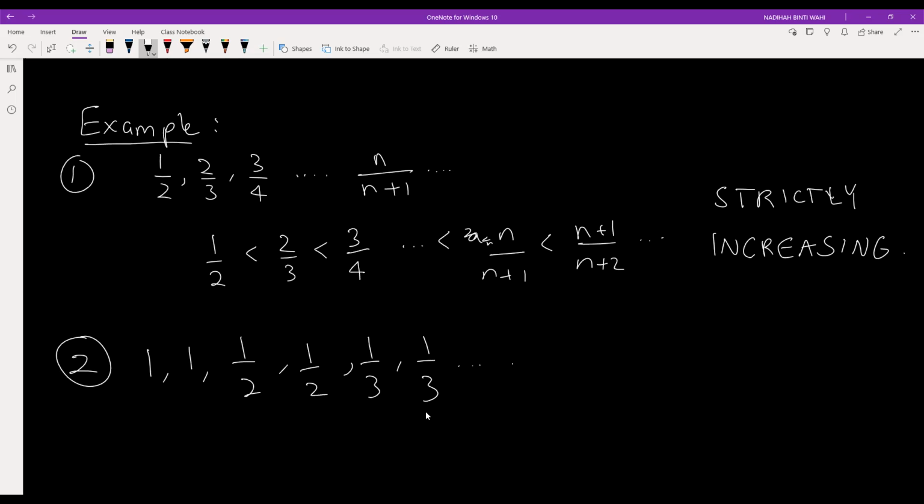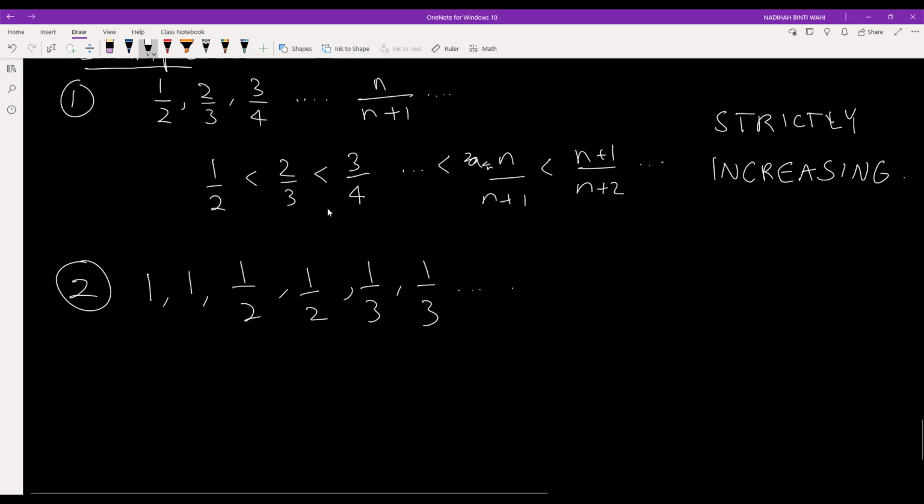This means the first two terms are the same, and then the next two are the same. The next terms are 1/4 and 1/4. So it looks something like this.